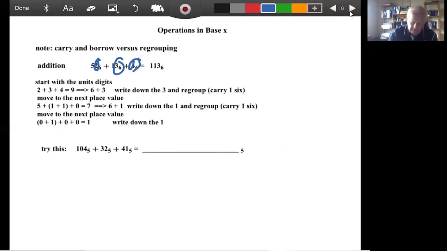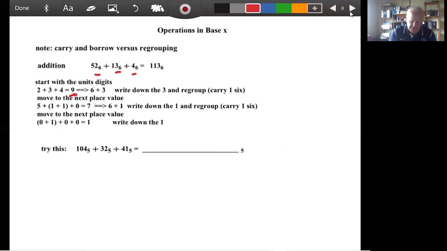Oh, that got a little ugly, didn't it? Go back and do something a little different here. Take the 2, the 3, and the 4, and we'll add those up, and you should get 9, which is that right there. Okay. Now a 9 is actually a 6 and a 3.